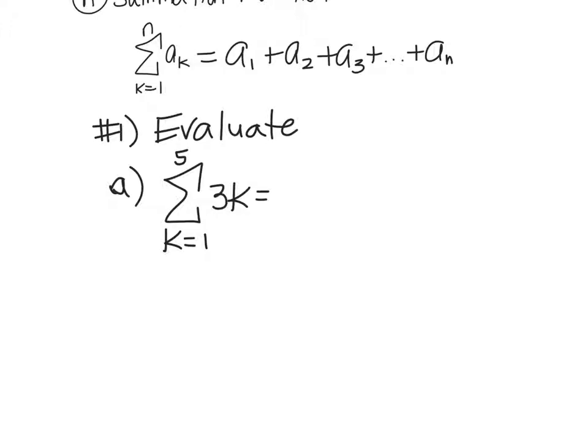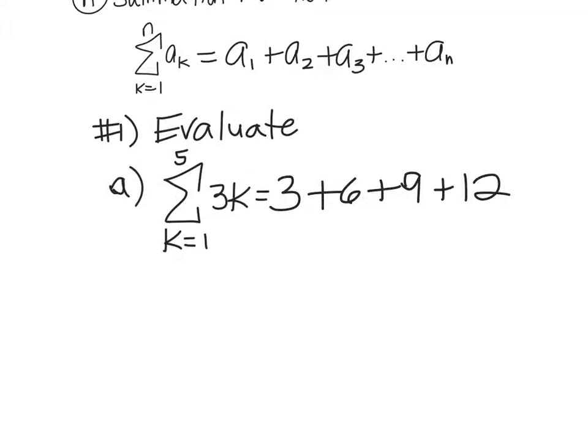You just go ahead and plug 1 in. And so the first term of this series would be what? 3. Then you plug in 2 and you get 6. And then you plug in 3 and you get 9. Plug in 4, you get 12. 4 times 3 is 12.